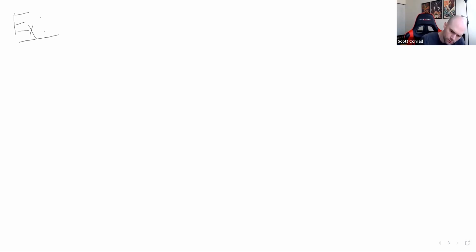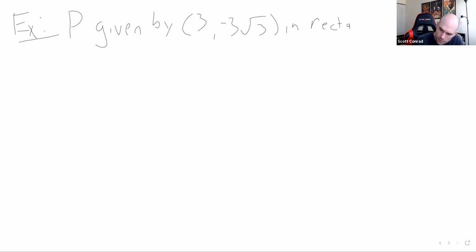Okay, so suppose P is given by 3, negative 3 root 3 in rectangular coordinates.